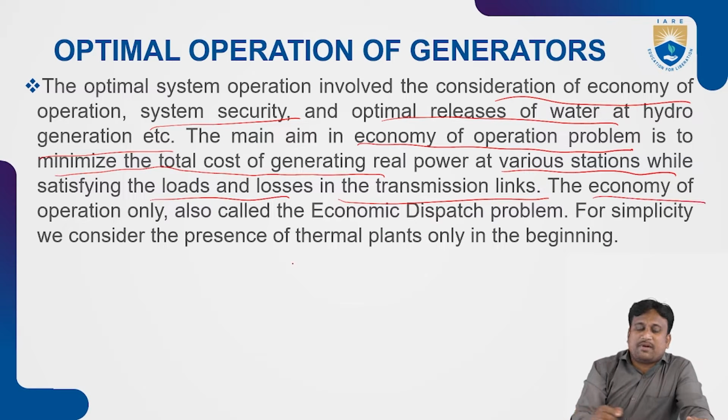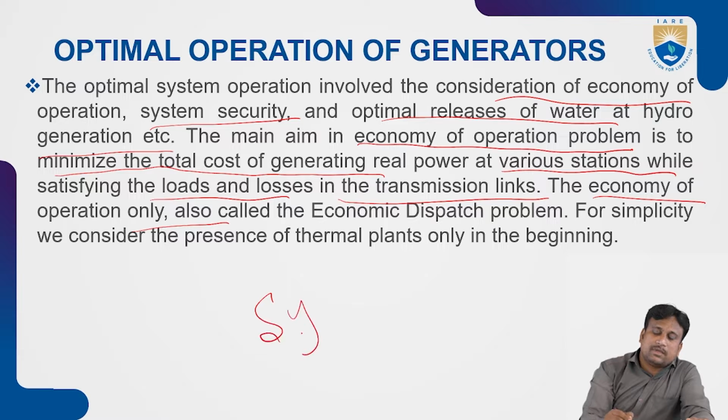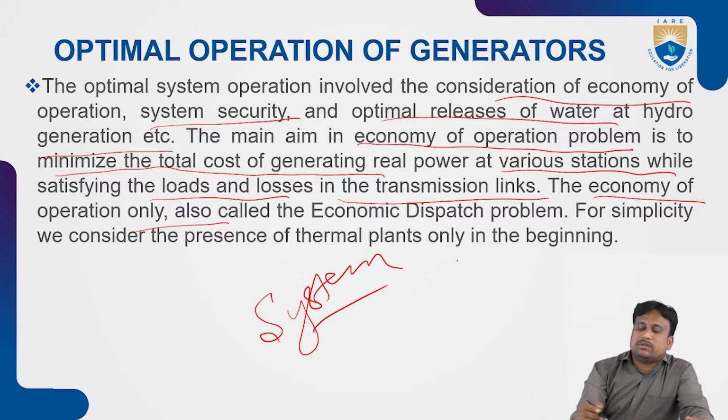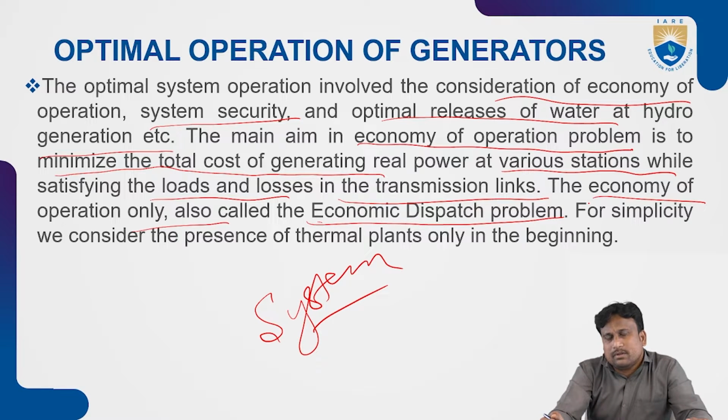Economy of operation is not only involved in the economic dispatch problem, but it also influences the entire system. So there is a reason to consider the economic dispatch problem.